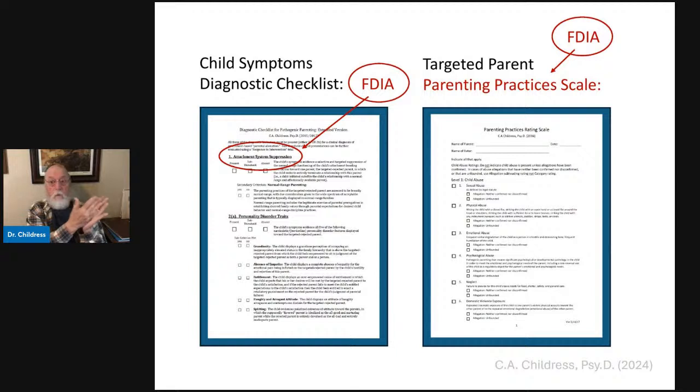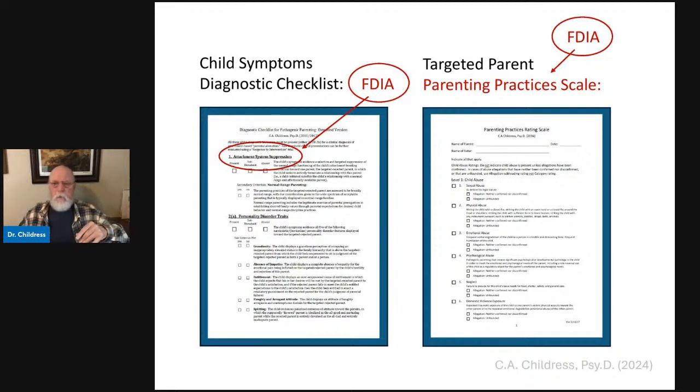Okay, so is a parent normal range? Yes. Well, then now we can apply diagnostic criteria 1. Then we get the FDIA. The shared delusion is diagnostic indicator 3 on the diagnostic checklist. That's, does the child have a persecutory delusion towards a normal range parent? So if you just complete these two, or get your mental health person to complete these two, the diagnosis is evident. It will be.